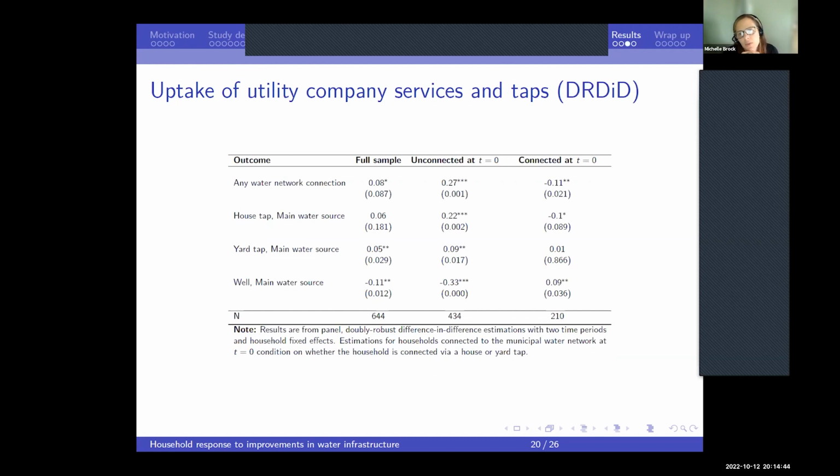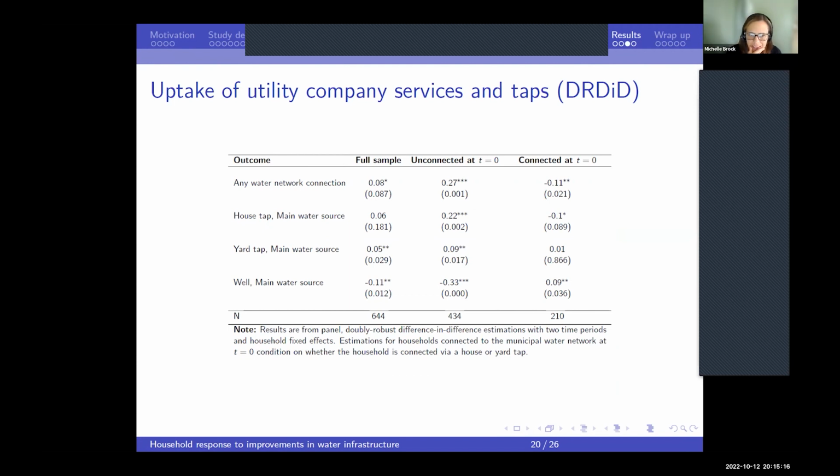And they come through very strongly when we put them in the regression framework. So the first column is the full sample, and we see that in the full sample, when we do this estimation, there's about an 8% increase in the chance that any household is going to have a network connection, and a reduction in the usage of wells as the main water source.